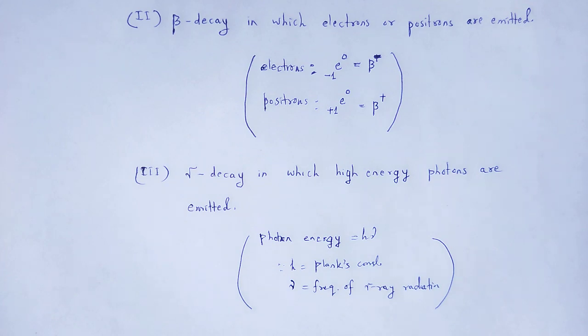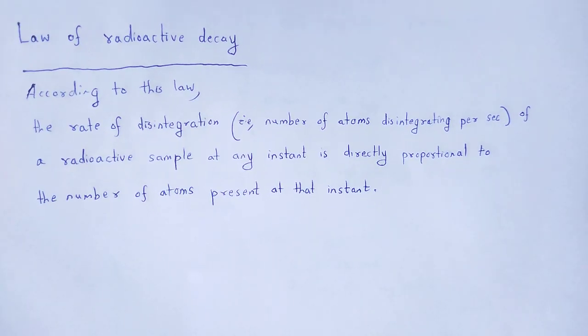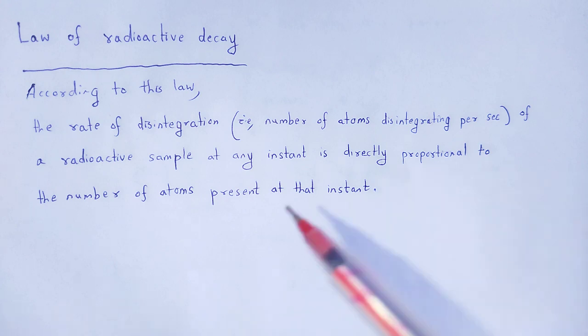Next, the law of radioactive decay. Mathematically, how does that phenomenon occur?